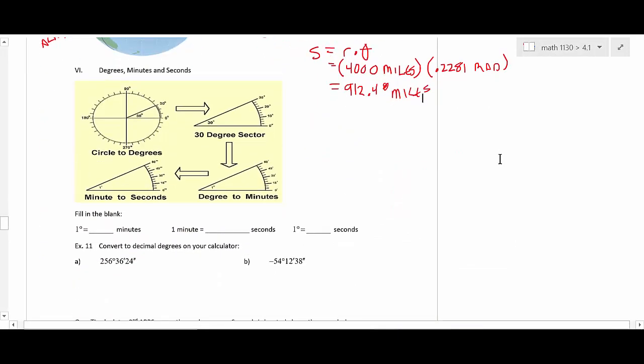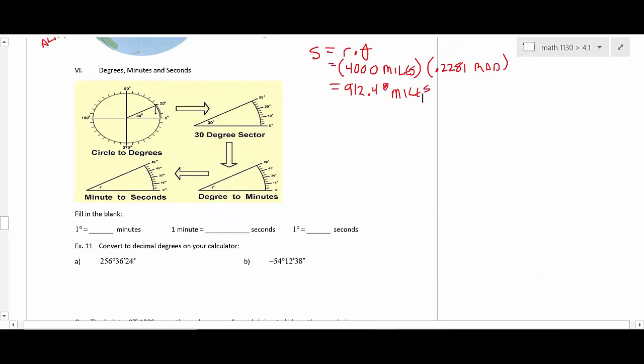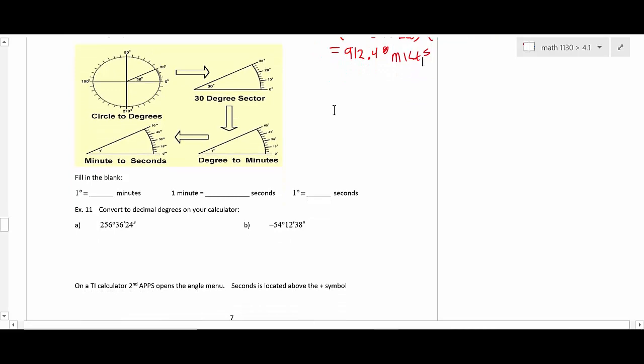The other basic thing I want to look at here to finish up angles is degrees, minutes, and seconds. We do this from time to time as a way to look at decimal parts of angles. So if you have 30 degrees, it could be chopped up into little pieces.